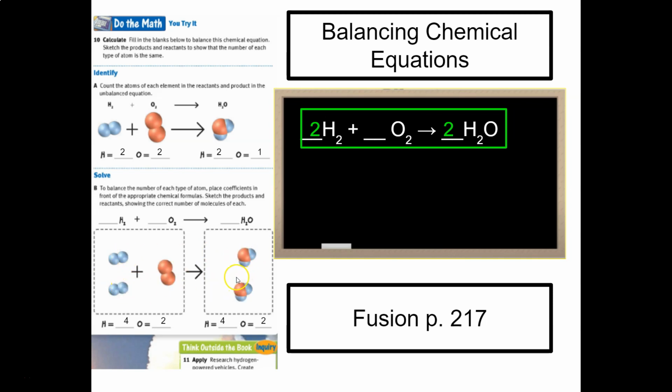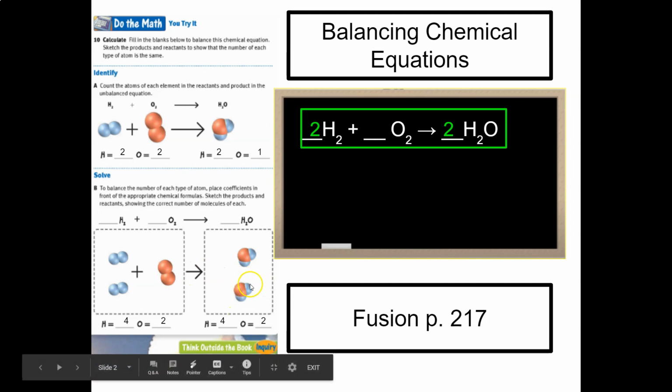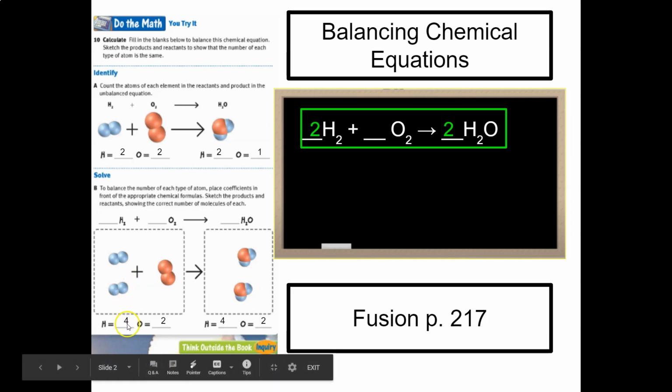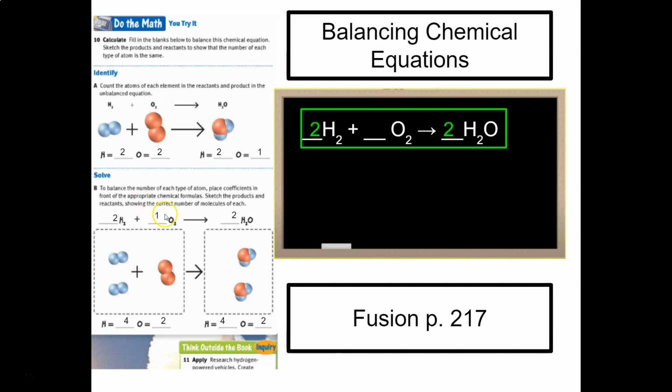We had to add another water molecule to balance the oxygen, and then as a result of the addition of the hydrogen, we have to add another hydrogen molecule here. So our counts become 4, 2, 4, 2. And then lastly, filling in our coefficients, 2, 1, 2. So that's what your worksheet should look like.